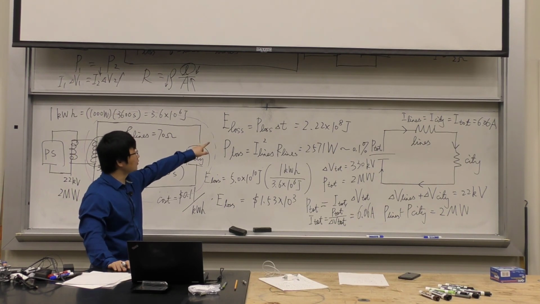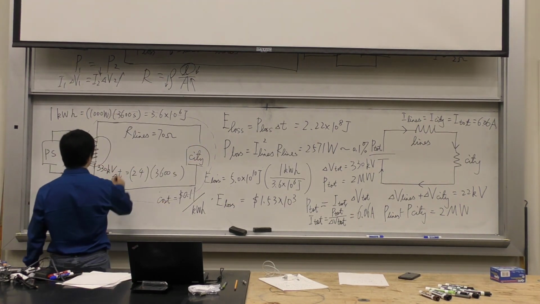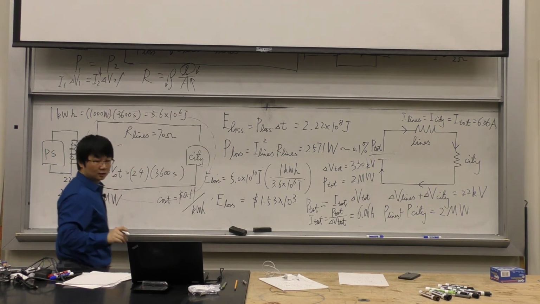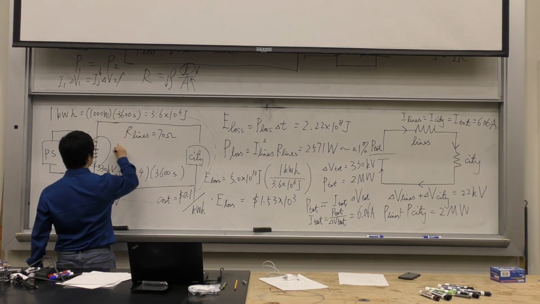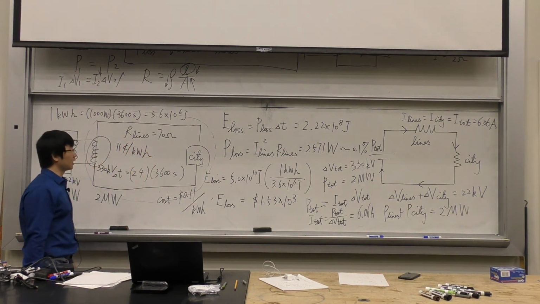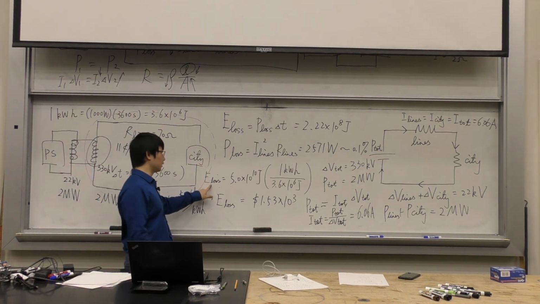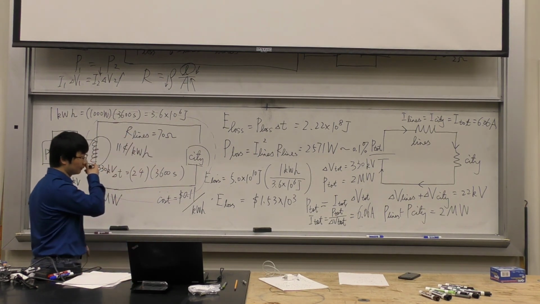Now let's see how much this costs. If the cost of the energy is still 11 cents per kilowatt hour, you're just going to do the same thing, right? You convert the energy to kilowatt hours and multiply this by the cost.